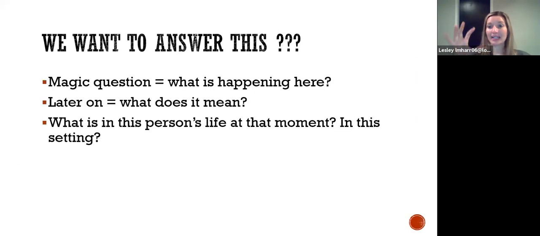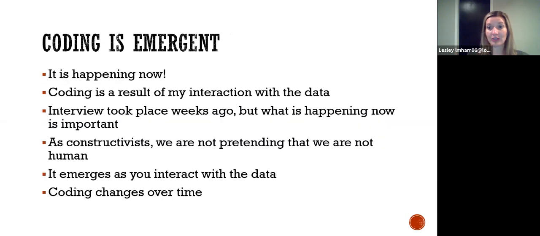Because we want to answer this magic question, which is what is happening here in the data, in this small segment of data. Later on, we ask ourselves more theoretical questions like, what does it mean? But at this stage, we're seeing what's happening in this person's life, in this moment, in this setting, and the messages they're trying to convey through their story and what actions they were taking.